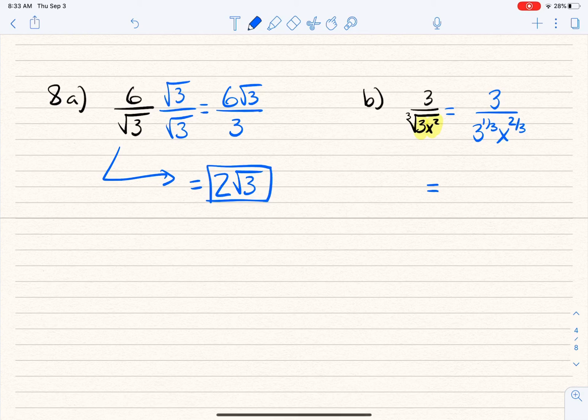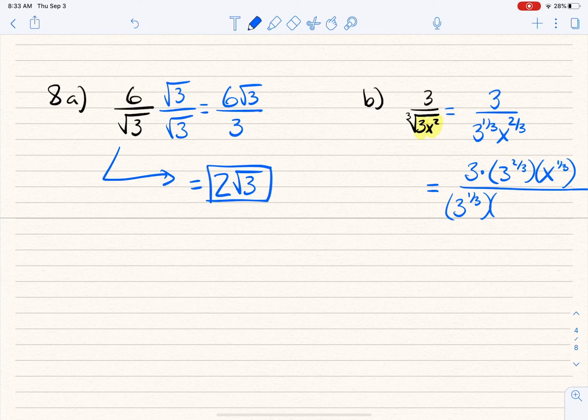I need 3 times 3 to the 2/3 times x to the 1/3. Now if I do that on the top and bottom, on the bottom I'd have 3 to the 1/3 times 3 to the 2/3 times x to the 2/3 times x to the 1/3, okay?